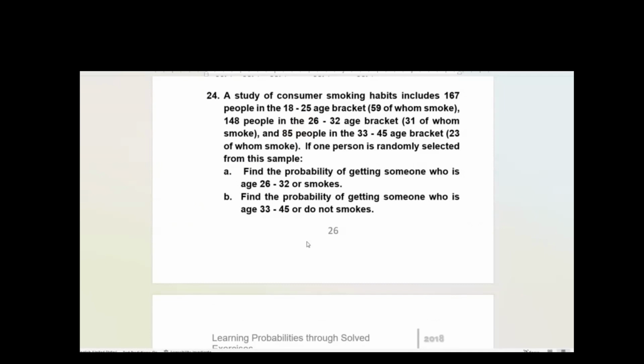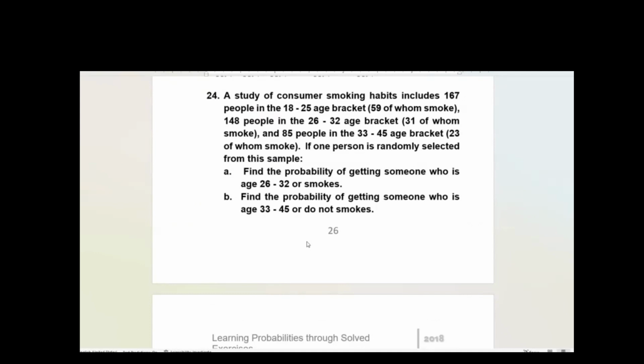They say that a study of consumer smoking habits included 167 people in the 18 to 25 age bracket, 59 of whom smoke, 148 people in the 26 to 32 age bracket, 31 of whom smoke, and 85 people in the 33 to 45 age bracket, 23 of whom smoke.